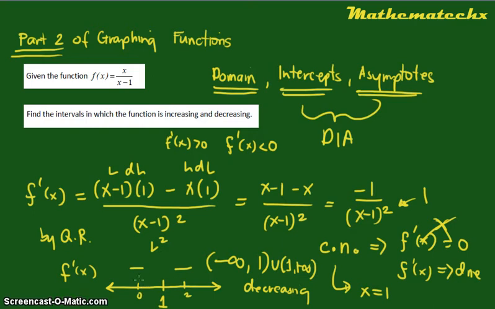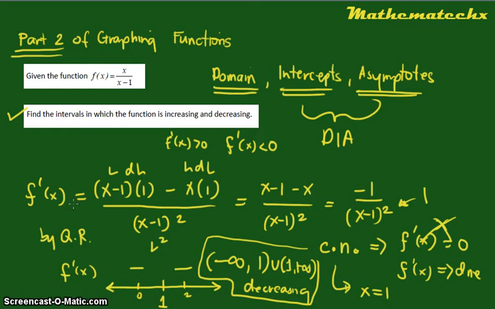If you look at this, there is no interval that is positive. So there is no interval in which the graph will be increasing. There's only a set of values in which the function is decreasing. This is the answer to this part of the problem.